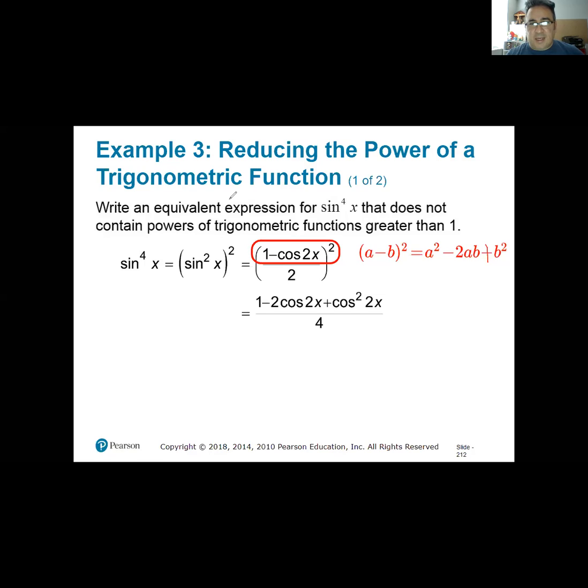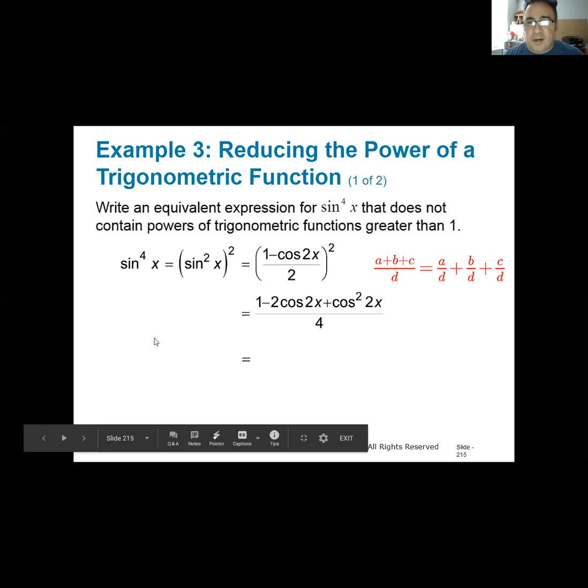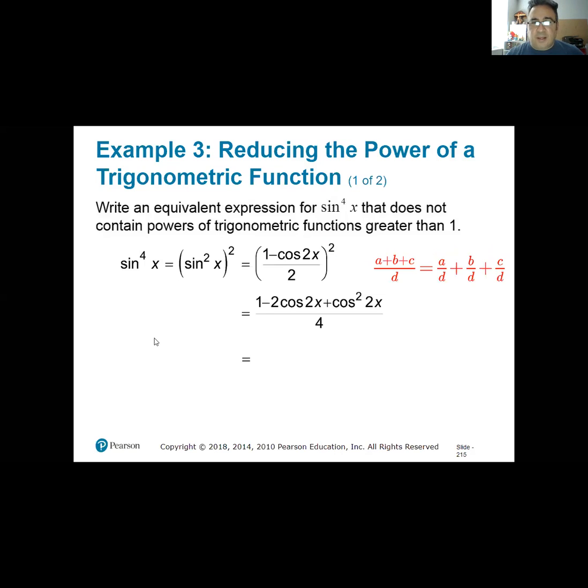Okay, so that's my numerator. So what do I do now? I still have a power of 2 there. I can split these fractions apart. If you recall, a plus b plus c, I can split those fractions apart. So I'm going to end up with 1 over 4 minus, what's 2 over 4?